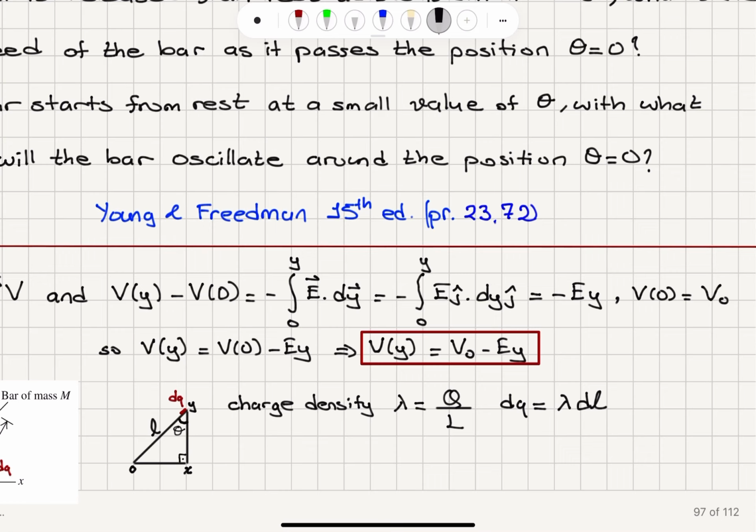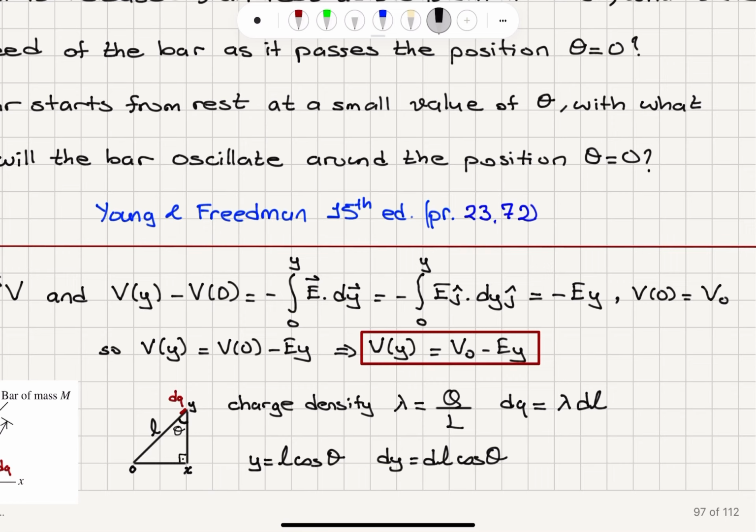Now I see that there is a relationship between l and y. y is equal to l cosine theta, so dy is equal to dl cosine theta. The angle is not changing here, as I'm considering it for a fixed angle theta.